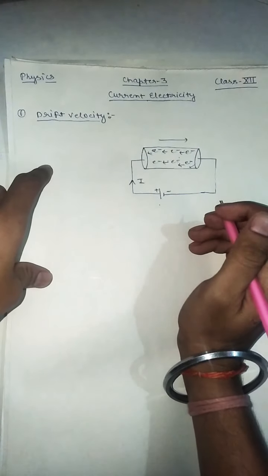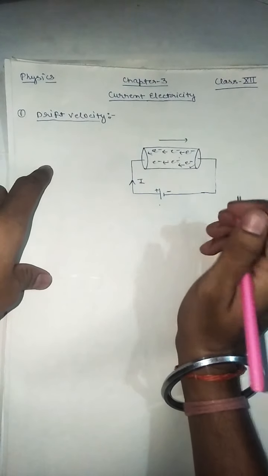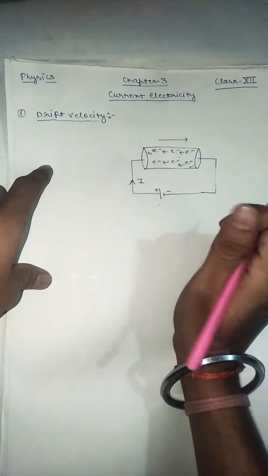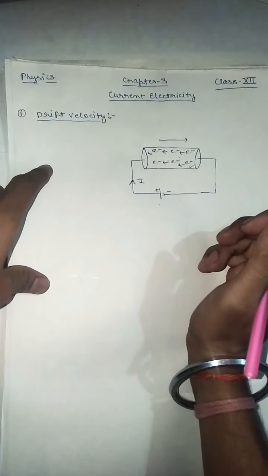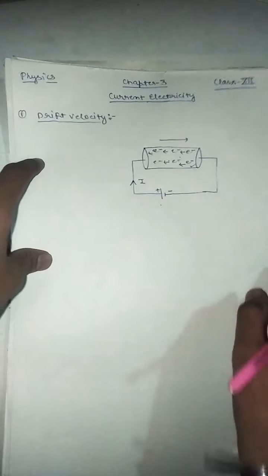I'm repeating my words. What is that? The average velocity with which free electrons get drifted towards the positive end of the battery, or opposite to the electric field, is said to be what? Drift velocity of free electrons. I'm writing it here.